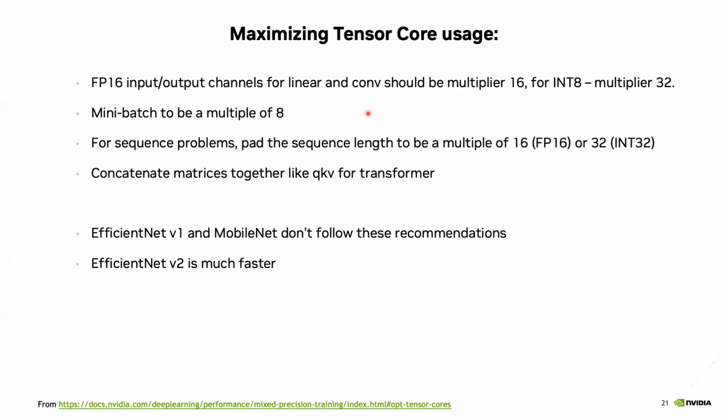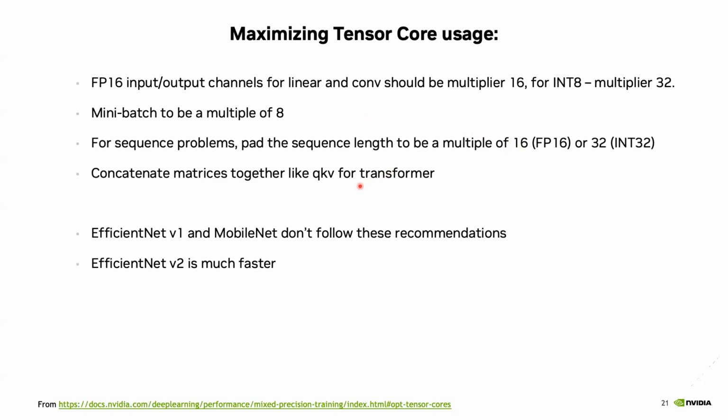The mini batch size should be divisible by 8. Of course, usually the higher number is better, and for something like A100, these numbers should be 128, 256, but this is just guidance for all possible GPUs. It even matters for sequence problems because it gets transformed into the batch dimension, and there is also a recommendation of divisible by 16 or 32.